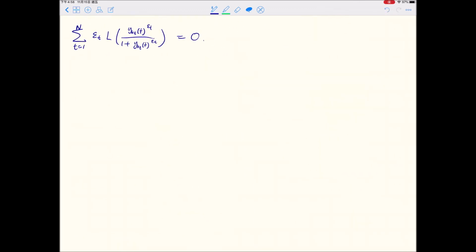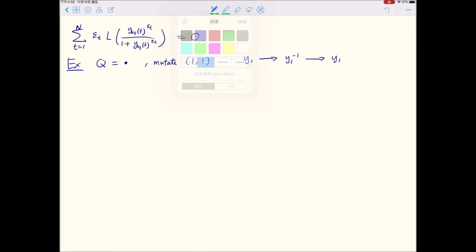So for example, when your quiver is just a single dot, so you have only one variable and you mutate at 1, say. So you have one single variable, you mutate once, you get inverse, and you mutate once again, you get 1. And the tropical sign, of course, is plus here, minus here, plus here.